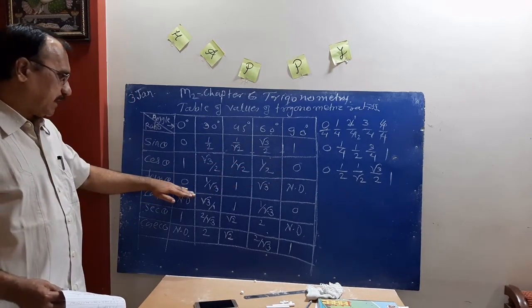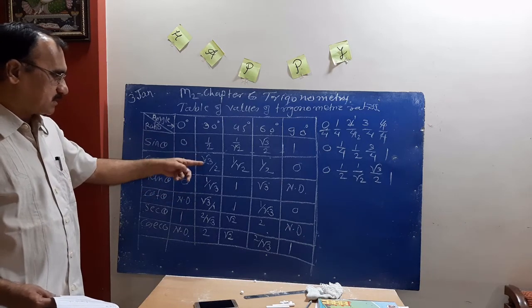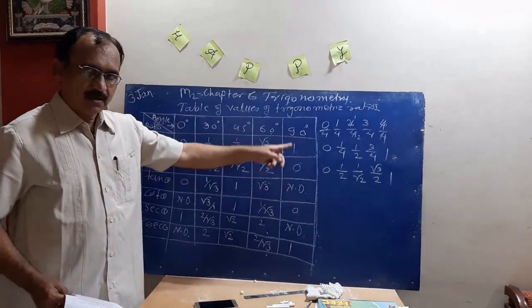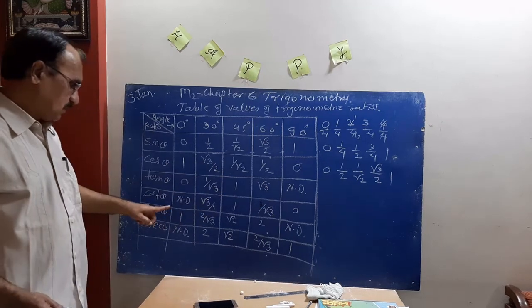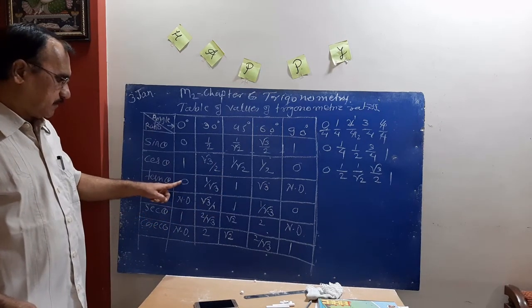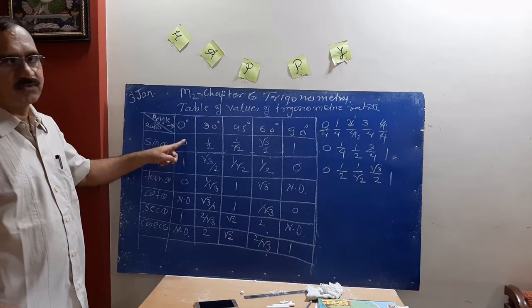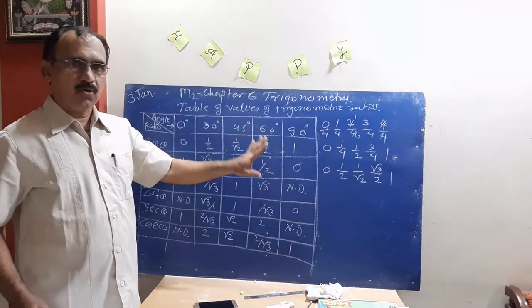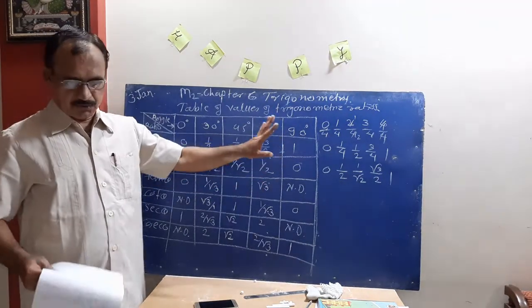Then you know tan means sin upon cos. This upon this, this upon this, this upon this, this upon this, and this upon this. Any number upon 0 is not defined. Keep here. Cot is reciprocal of tan. Then sec is reciprocal of cos, and cosec is reciprocal of sine. This is the idea how to remember all these values of trigonometric ratios.